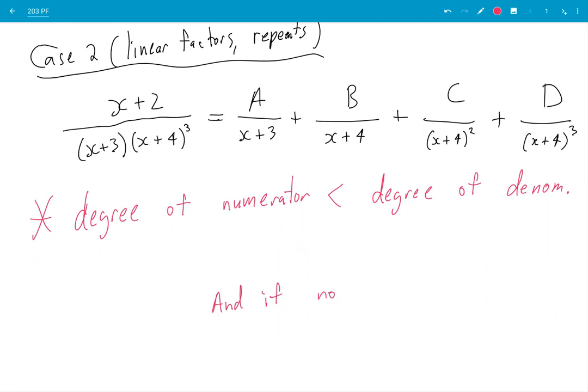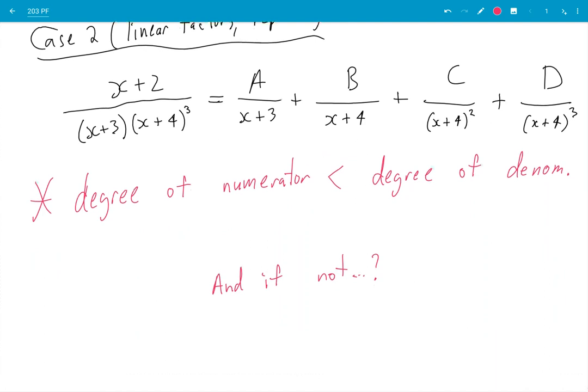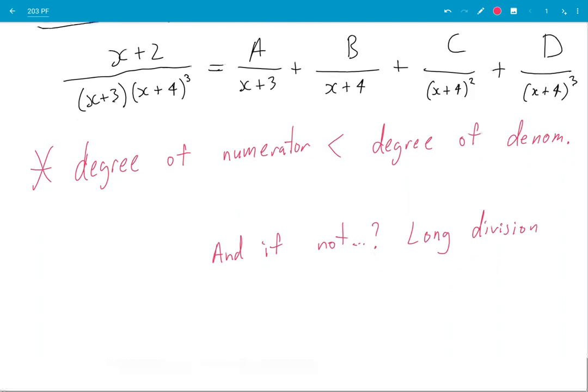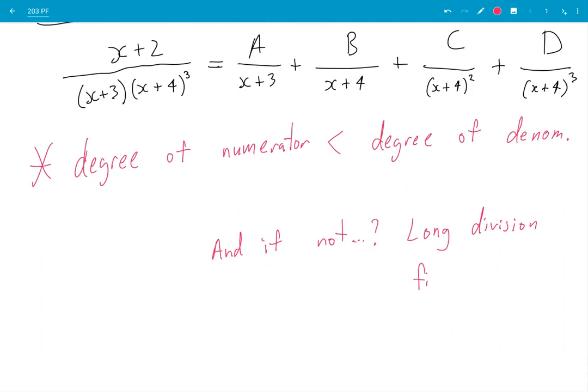And if not, well, we do long division. We do long division first.